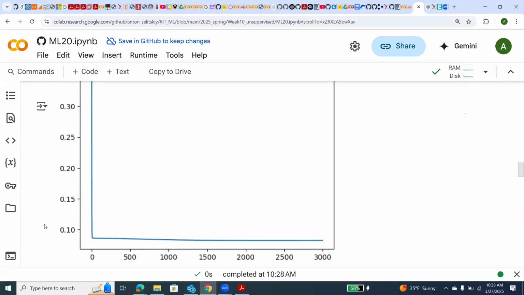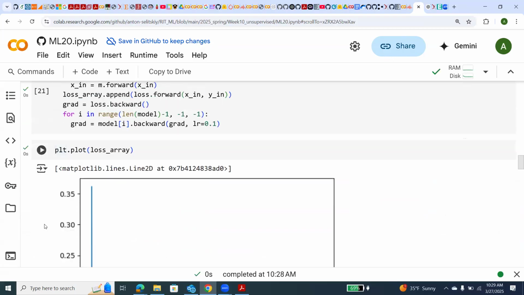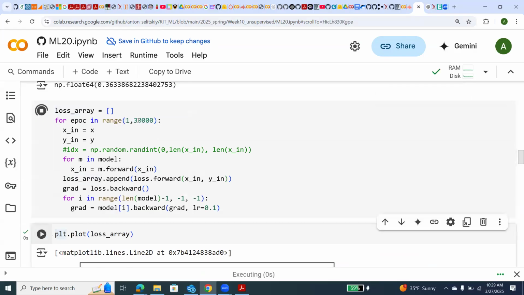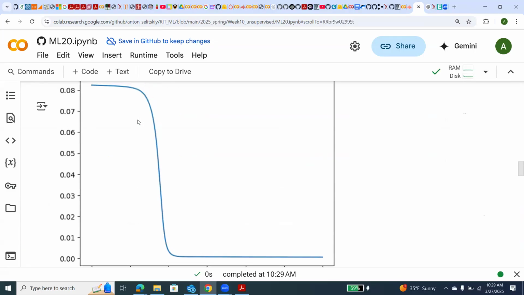It means that even though the loss dropped drastically on the first iteration, we should still continue this gradient descent. So let's run this for 30,000 instead of 3,000. And now you can see another drop in loss function.